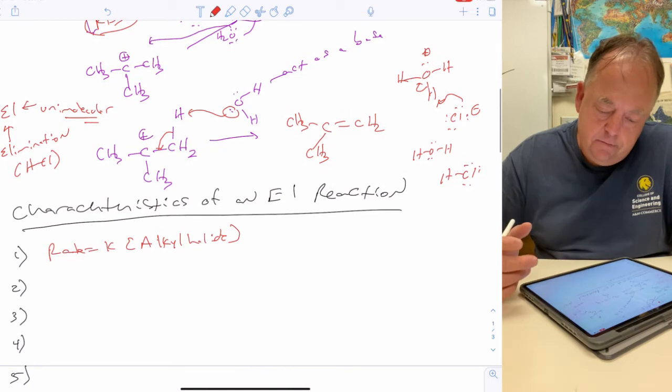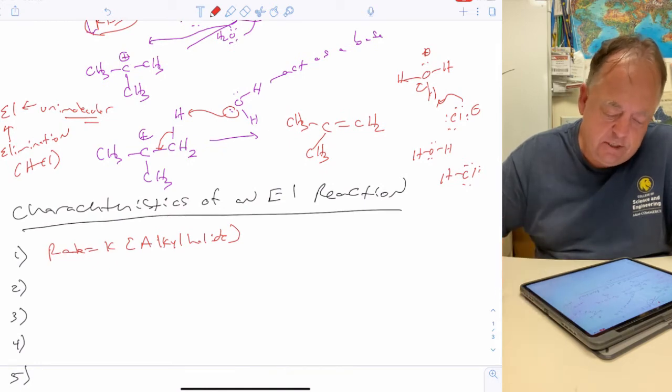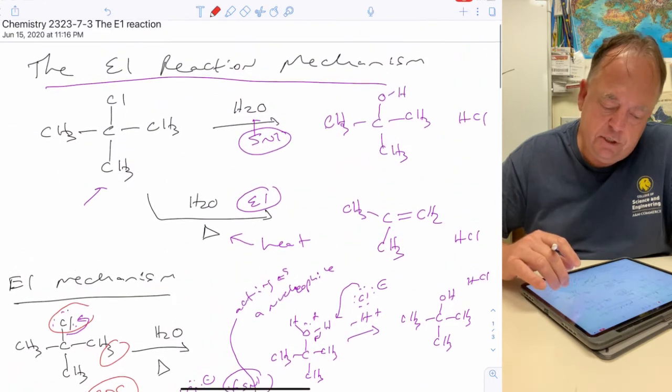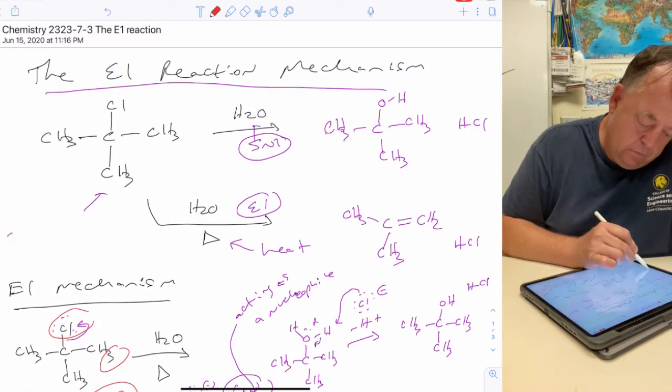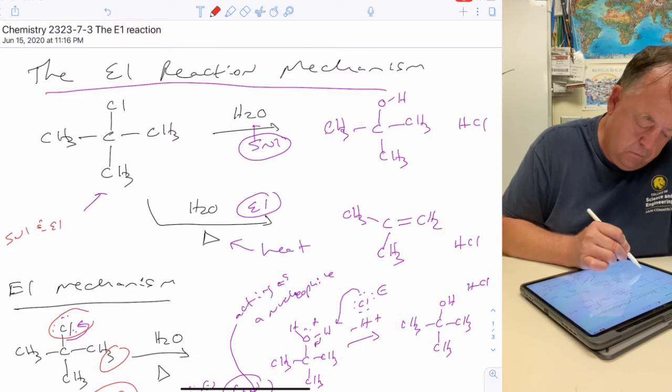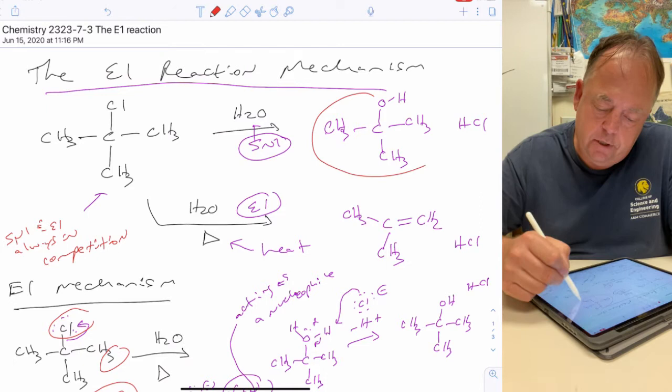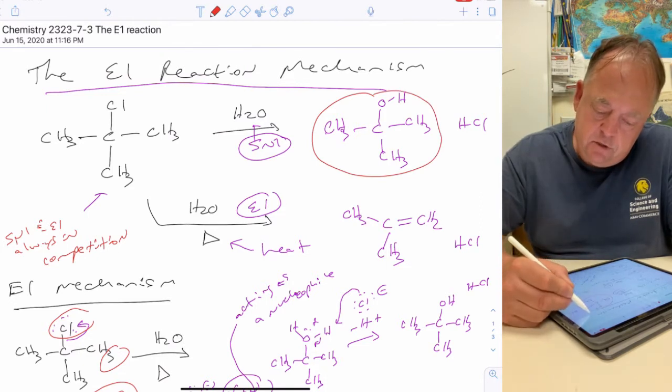Okay, so SN1 and E1 reactions are always in competition with each other. So even without the heat, your major product would be the alcohol, but you would get some minor product.